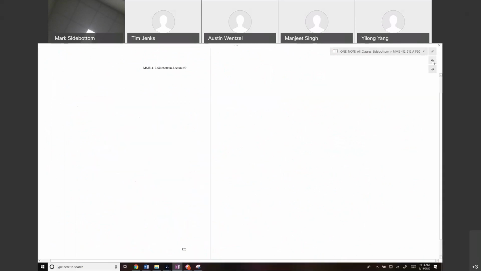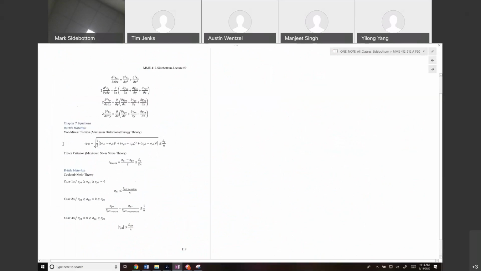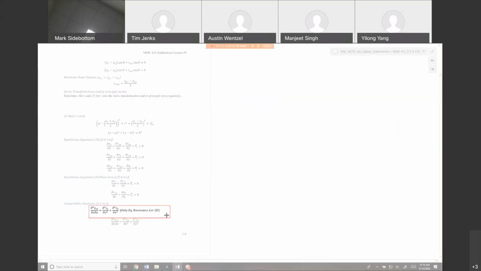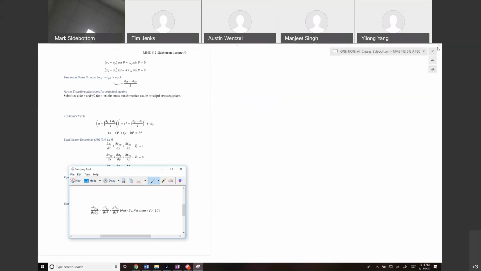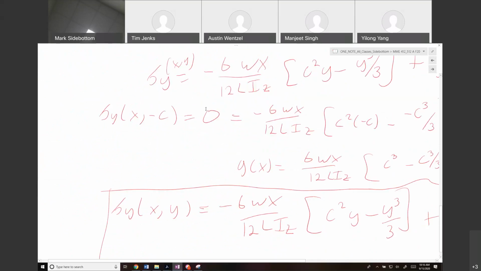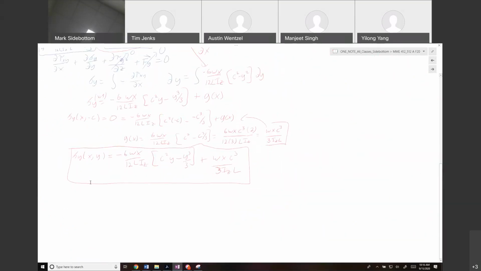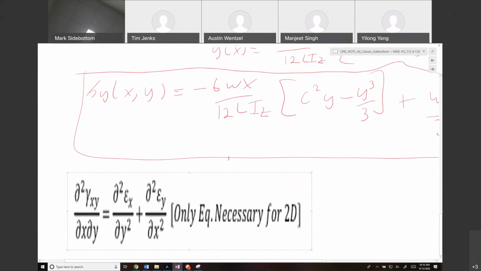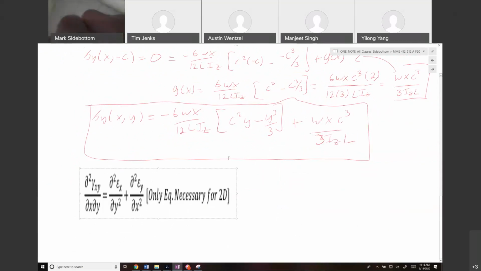So our compatibility equation, which in this case is a 2D problem, is we can use this equation here to determine if our stress field is compatible.